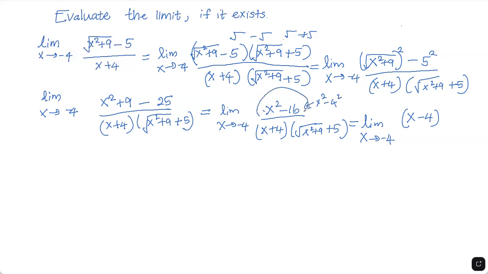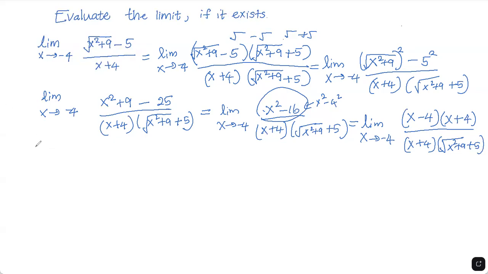Numerator is like this, x square minus 4 square. So you can factor out that one as x minus 4 times x plus 4 over x plus 4 times square root of x square plus 9 plus 5.